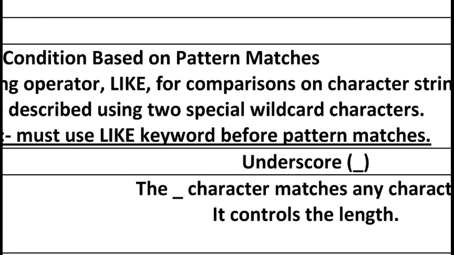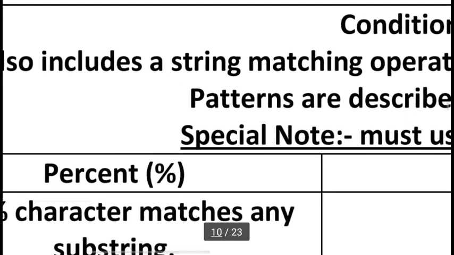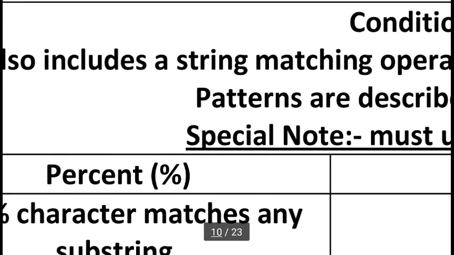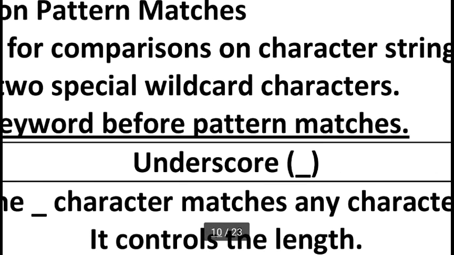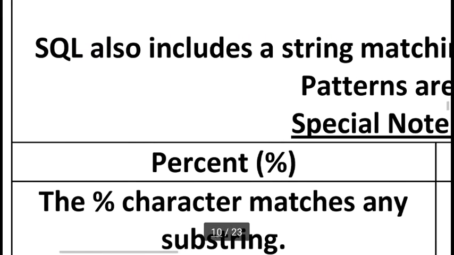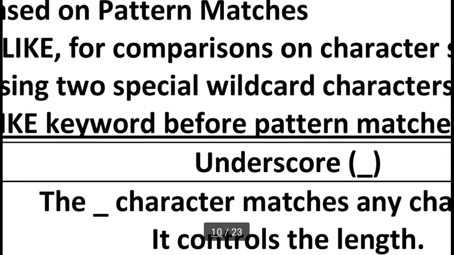In character or numerical values we can control our output. Percentage never controls the length, and to control the length we can use underscore. So percentage does not care about the length, but underscore cares about the length.